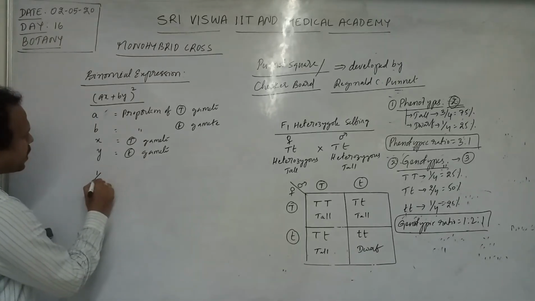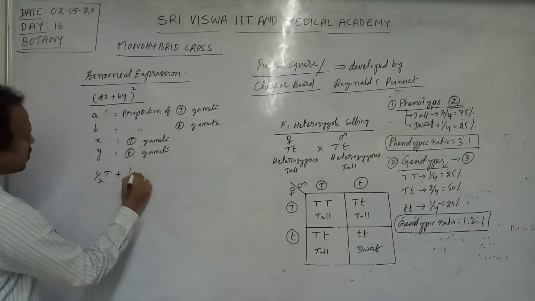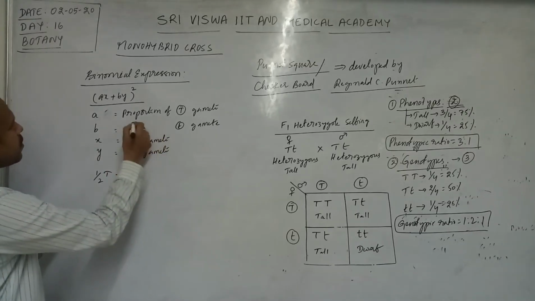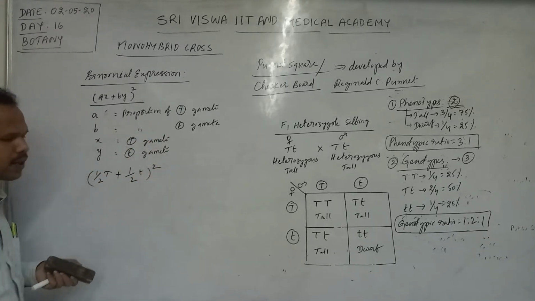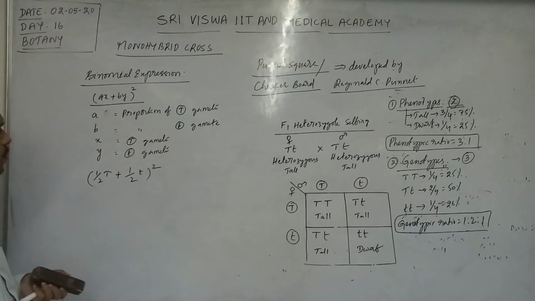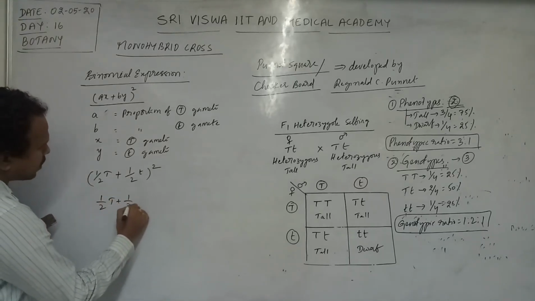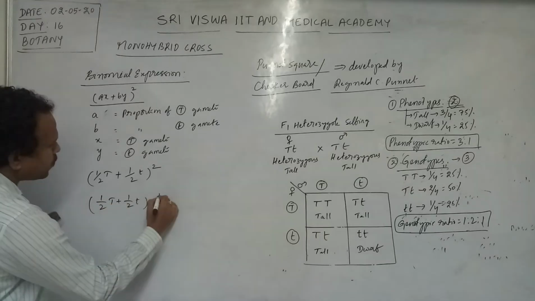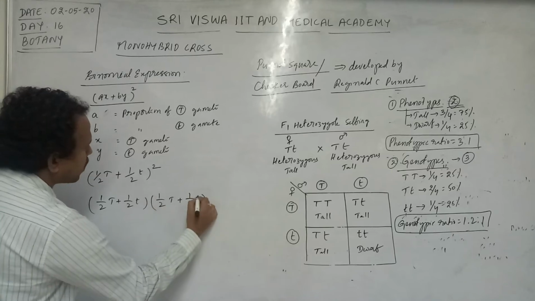Generally it is 1 by 2 capital T, plus proportion of small t gamete, 1 by 2 small t. Then expand (1 by 2 capital T plus 1 by 2 small t) into (1 by 2 capital T plus 1 by 2 small t).